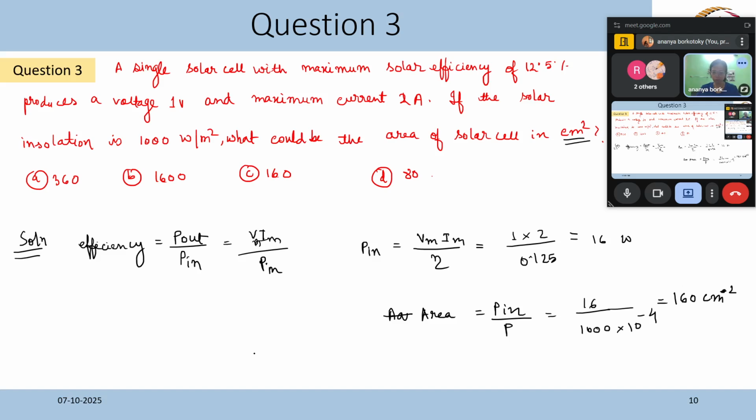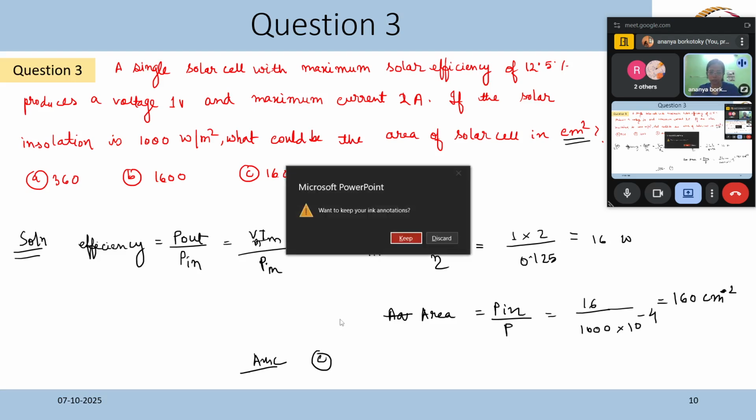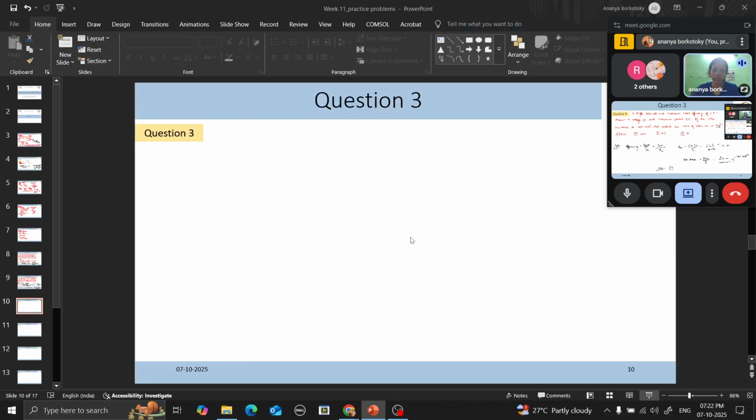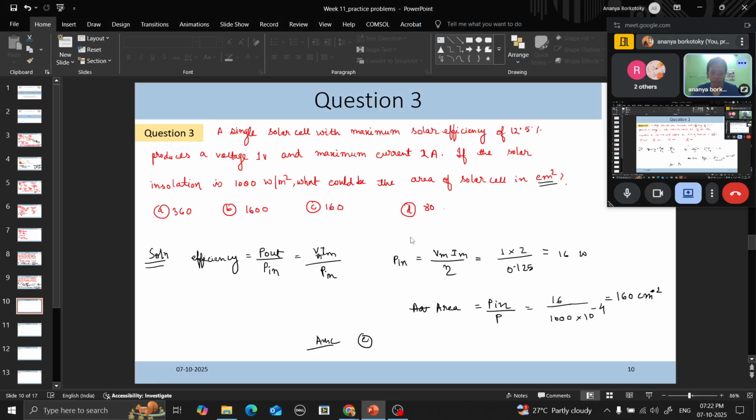My final answer is C. I hope it is clear, and if you have similar questions in the assignments, then you will be able to solve them like this.